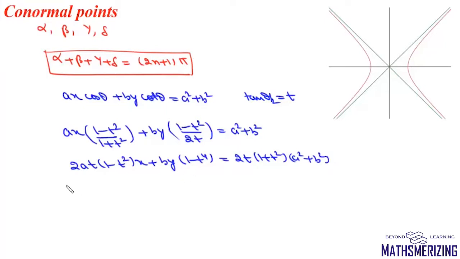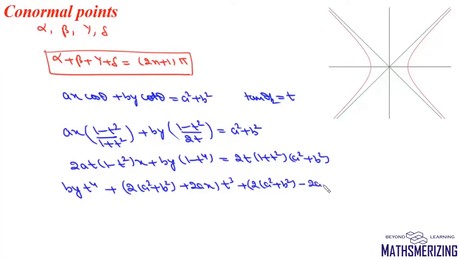Now we can write this equation as by t to the power 4 plus 2(a square plus b square plus 2ax) t cube plus 2(a square plus b square), and then we also have 2ax into t, so minus 2ax t and minus by equals 0.